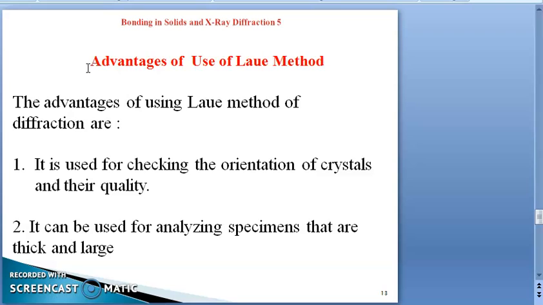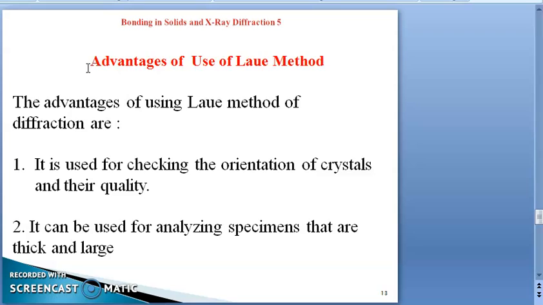Now the question arises, what are the advantages of the use of this Laue method? Then what are the limitations? That part also we have to study. The advantages of using Laue method of X-ray diffraction are: number one, it is used for checking the orientation of crystals, and also their quality.